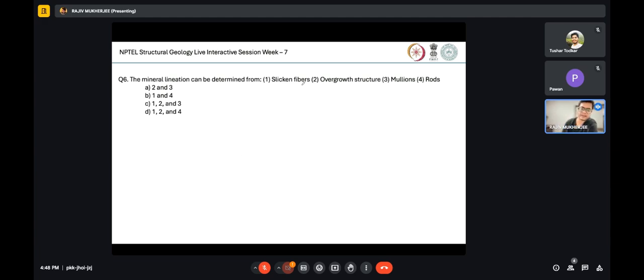The slickenfibers, of course, are defining the slickenlines, right? This will be 1 and 4. Exactly, 1 and 4.